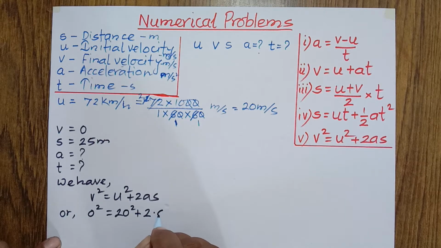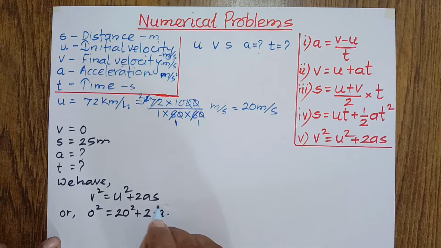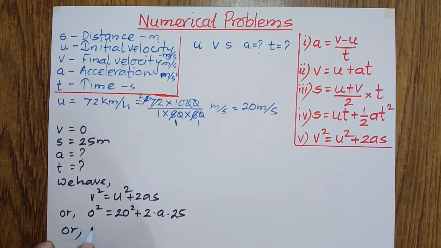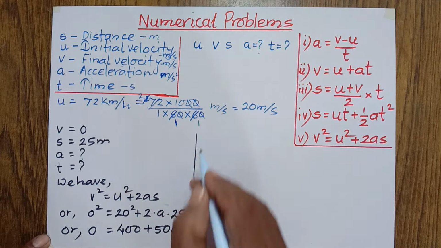A remains A because we are going to calculate A first. And S is 25. Now look at this, 0 square 0 is equal to 20 square, means 20 into 20. It becomes 400 plus 25 twos are 50. Now 50A.